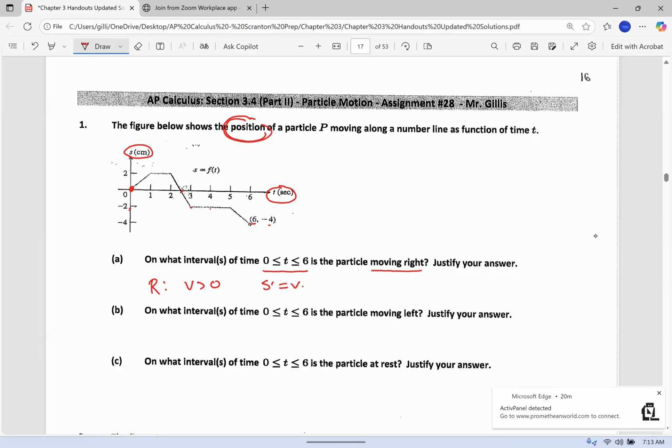So when I take the derivative of s, which is a graph, I'm going to look at the sign of the slope, the sign of the tangent line. And I want to look for when that slope is positive, because when velocity is positive, the particle is moving to the right. So here I have a positive slope. This here is a zero slope, negative slope, zero slope, and negative slope.